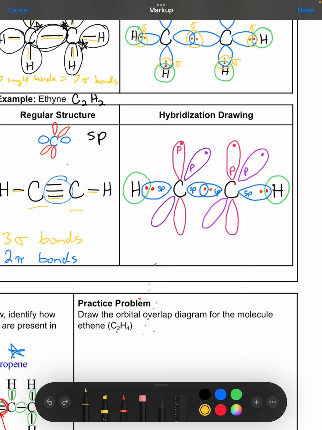We know that there's 2 pi bonds happening, and the pi bonds are what happens when unhybridized orbitals end up sharing electrons over distance. So, with that pink set of p orbitals, they are going to share electrons between them. I'm going to represent that with a solid line between them just to represent that the electron can travel back and forth.